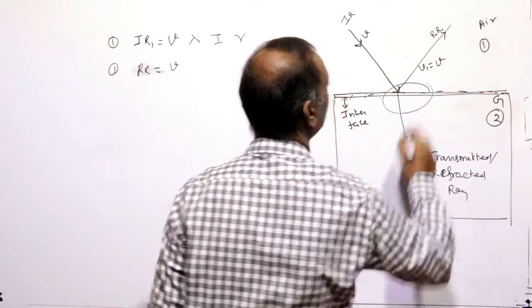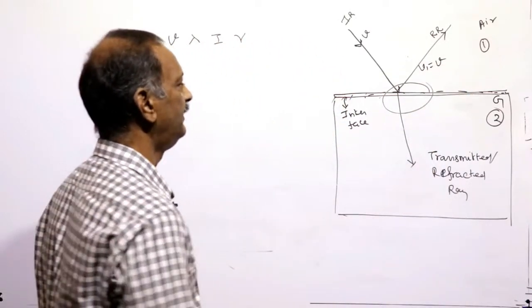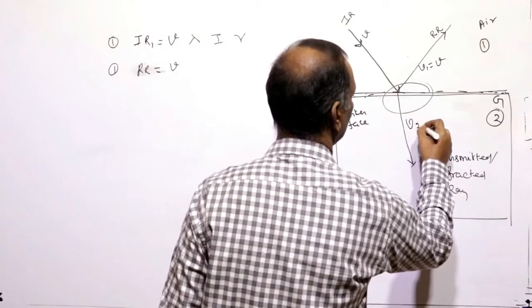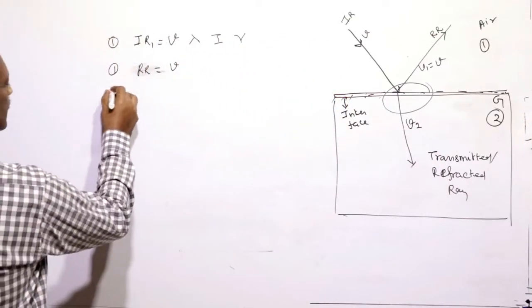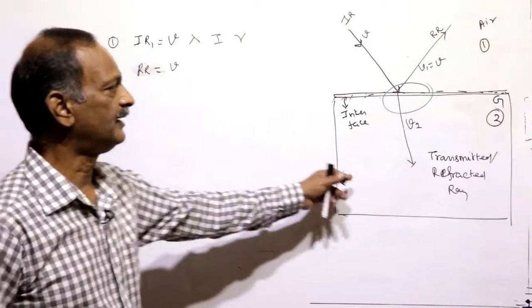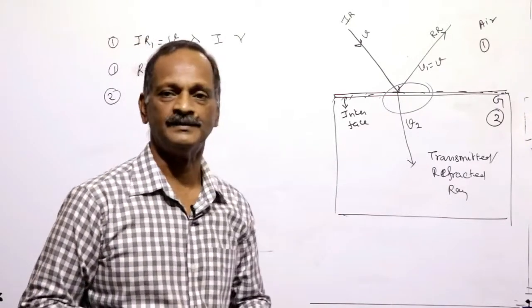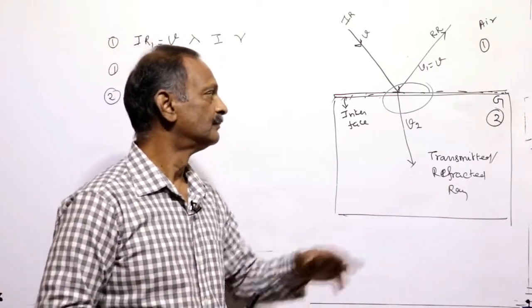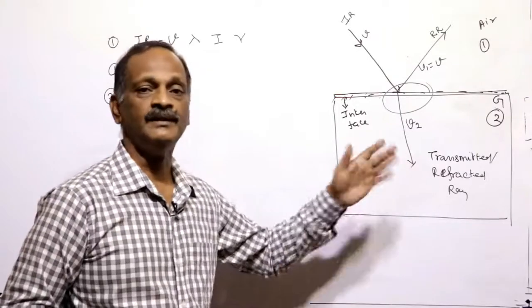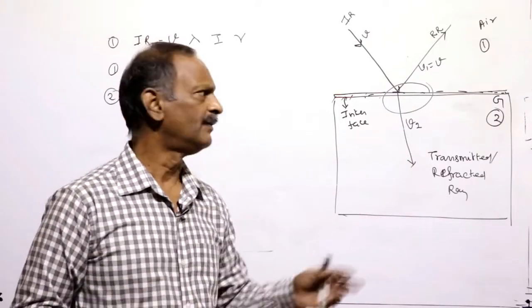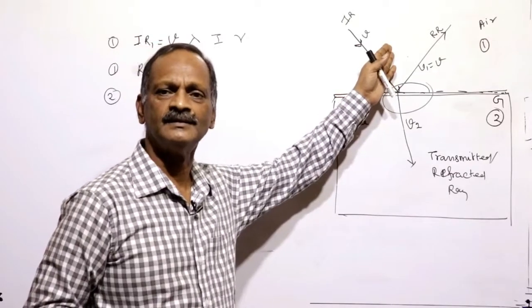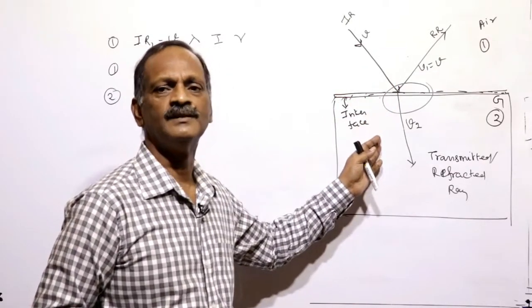So V1 is equal to V. Here V2 means the velocity in the second medium, the transmitted or refracted medium. Since the medium has changed, the velocity will change. In a rarer medium the velocity is high, in a denser medium the velocity is low.